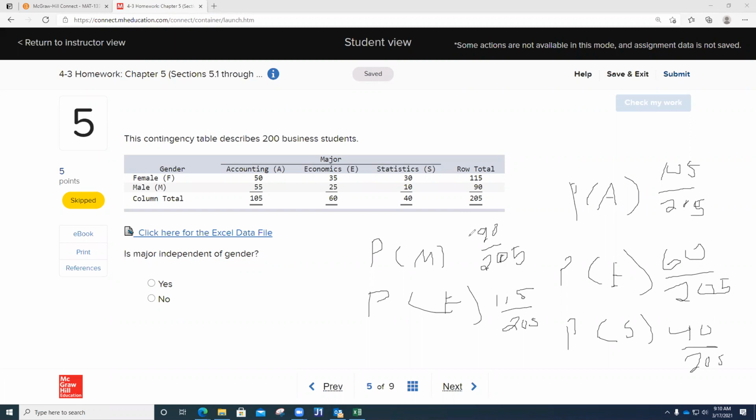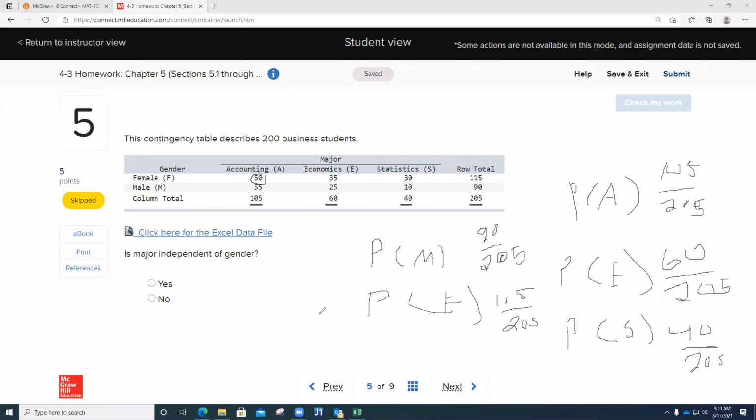And so if I find the ands now, to find accounting and female, that is right here. That's the and. So that's 50 over 205. So let's just try that one, because all we need is to find one that doesn't work, right? So 115 divided by 205 for the probability of being a female times the probability of being an accountant, 105 divided by 205, equals 0.2873.